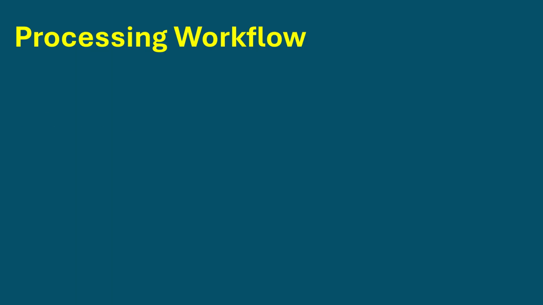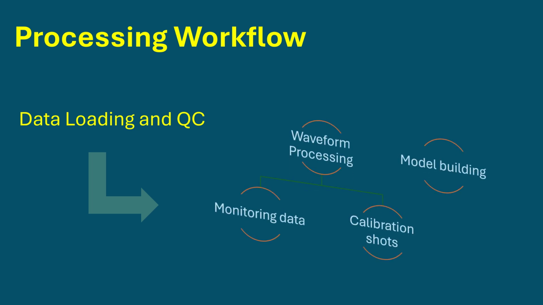After we load the available data and perform necessary QC, we can see two different tasks. One involves waveform processing and the other model building. In waveform processing, we process monitoring data, and we also process calibration shots to retrieve useful information.